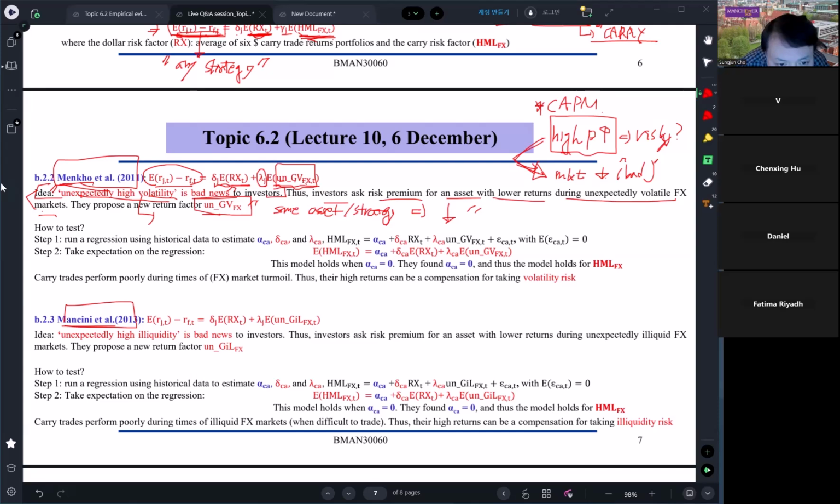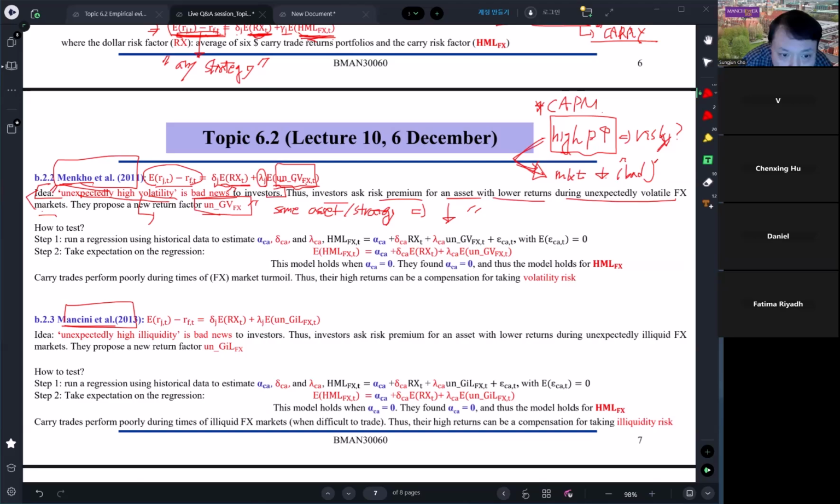Now, how do we know whether this new factor could explain at least the profitability of the carry trade strategy, or the profitability of any currency strategy? We're going to use regressions to test whether this model is able to explain the risk premium from implementing any currency strategy, in the following way. We're going to collect the historical data of, in our case, the profitability of the carry trade strategy.